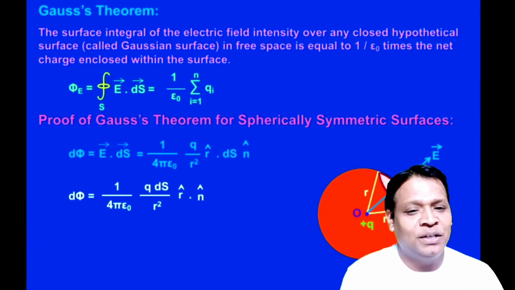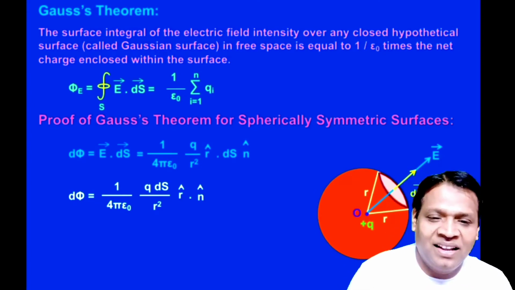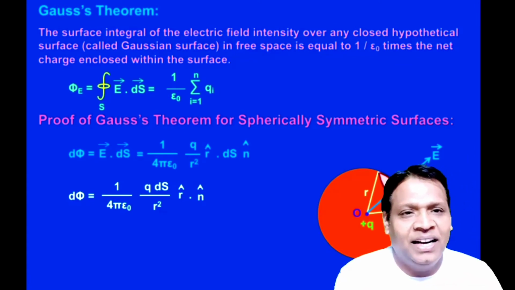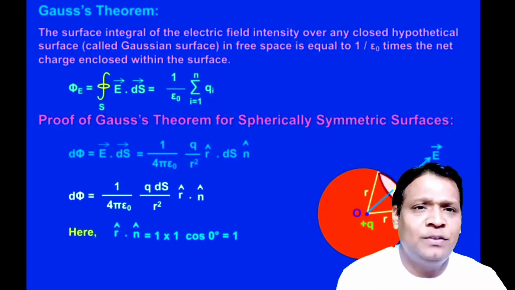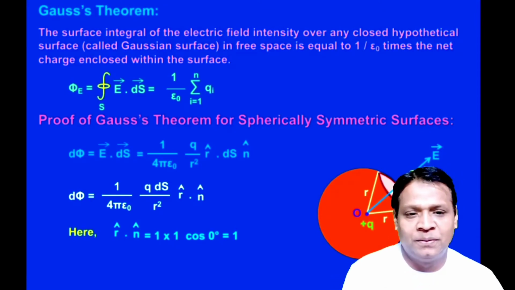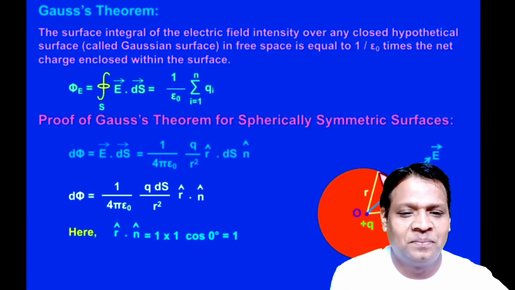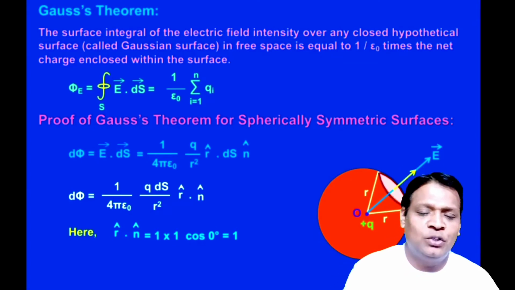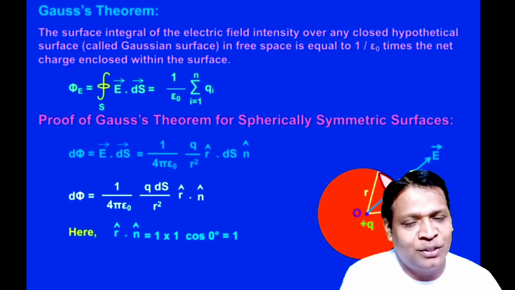So our equation becomes 1 upon 4 pi epsilon naught q upon r square r vector dot ds n cap. As we know the normal vector and radial vector, it will be written like this: d phi is equal to 1 upon 4 pi epsilon naught q ds upon r square r cap dot n cap.